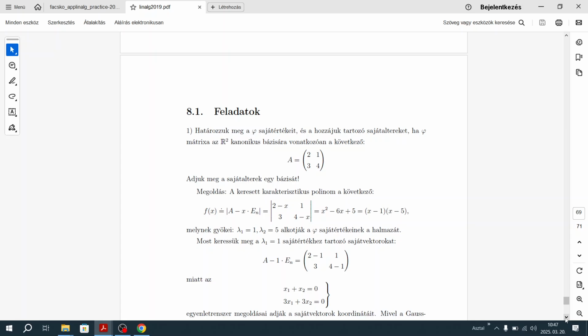So these vectors and more vectors, so this is a subspace. This is one of the eigenspaces.